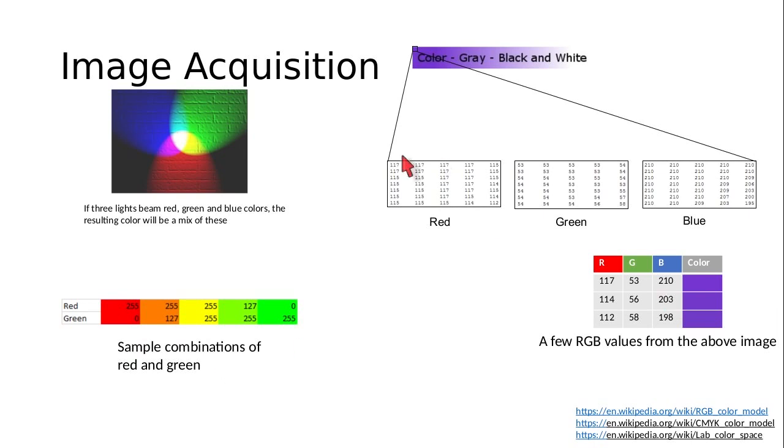Now let's take a few RGB values again from this image and see how you have colors coming out by the combination of R, G and B. So this is the red channel, green channel and blue channel. Now let's say I took students from this classroom, all the students from this class, and I showed you these 3 patches, right?